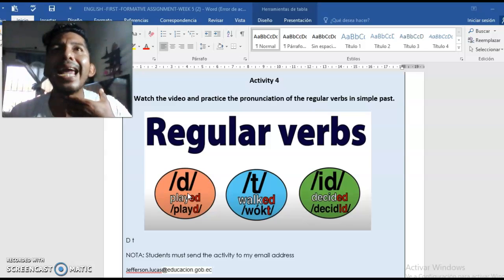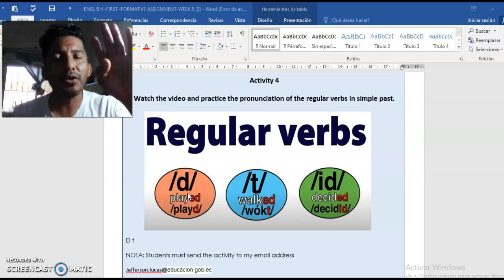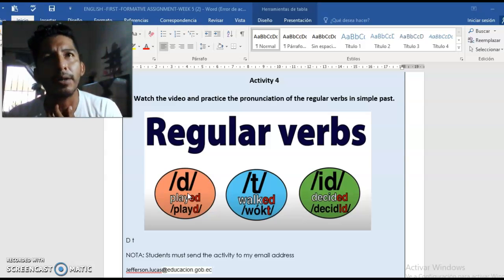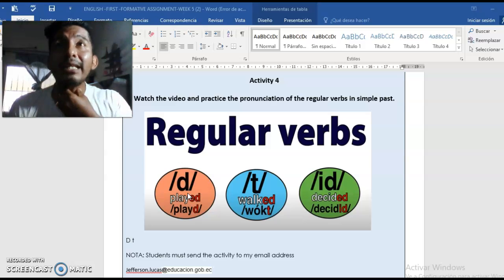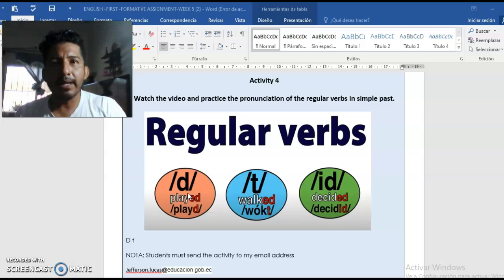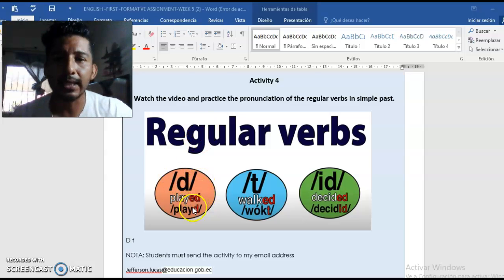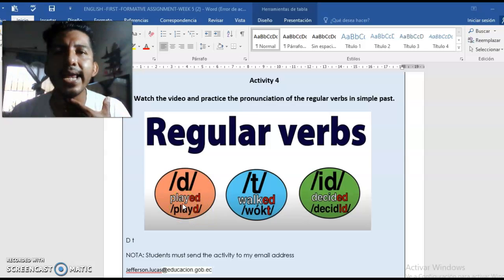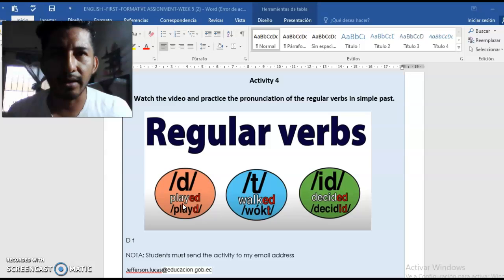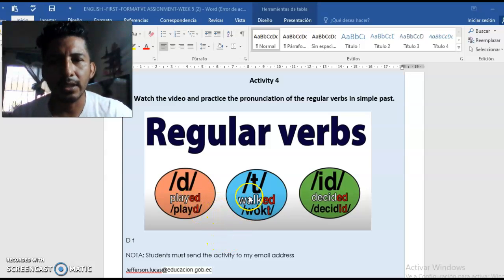If you say play while touching your throat, you can feel a vibration with your fingers. So if it vibrates, it means that the pronunciation in past is final D. For example, played, played. Yes, that is a pronunciation.